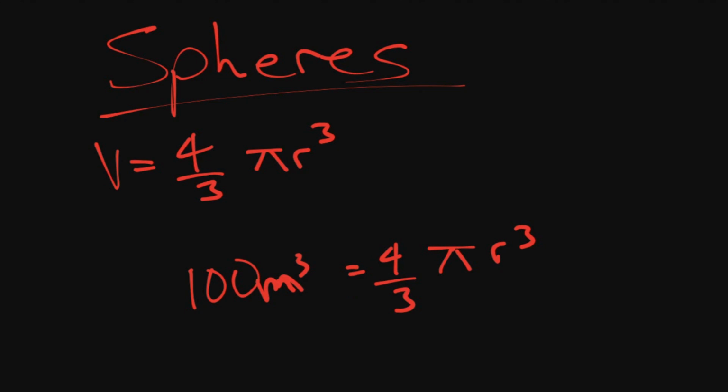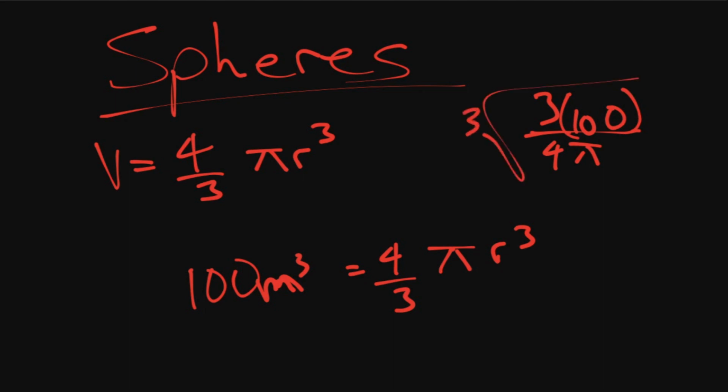You just rearrange the formula to do 3 times 100 divided by 4 pi, and then do the cube root, and that's that. I'm not going to solve it because I don't have my calculator near me, but I'm sure it's a real number.